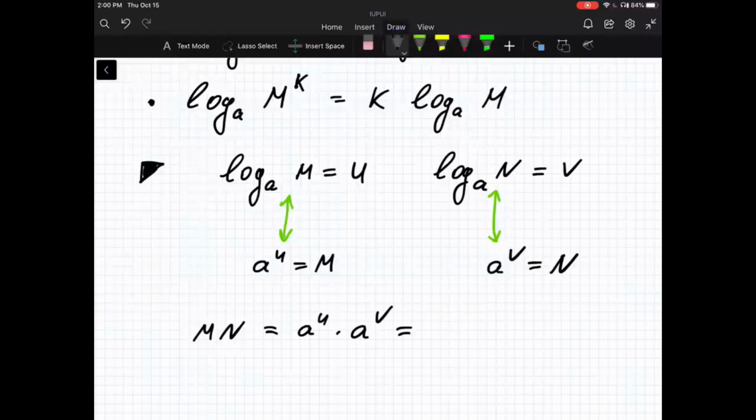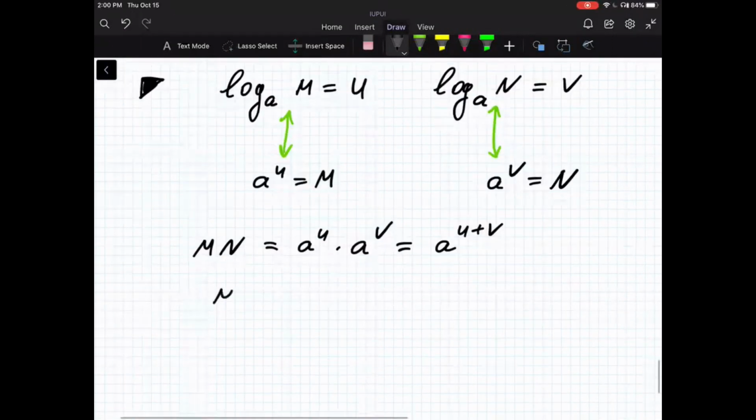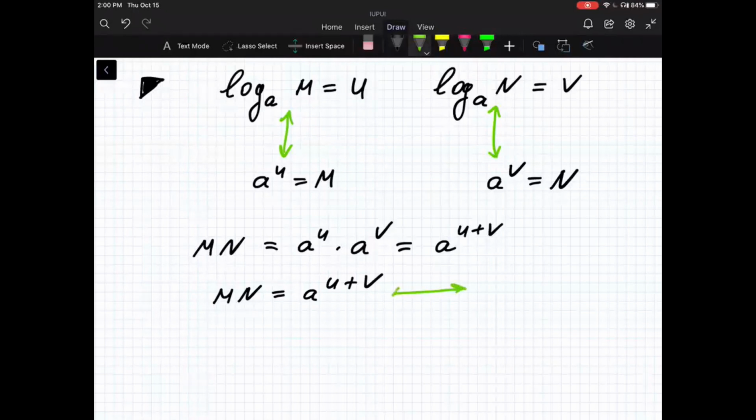But one of the properties of the exponential function says that if you multiply exponential functions with the same base, then it will be the sum of the powers, a to the power u plus v, right? So we get that m times n is equal to a to the power u plus v. And using our equivalence, that corresponds to the following, that u plus v is equal to the logarithm of the product.